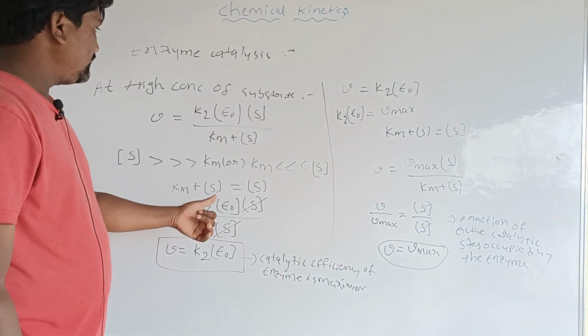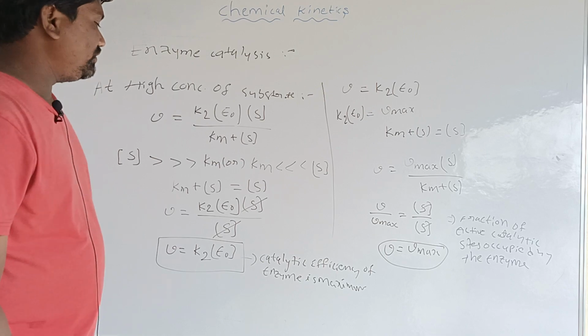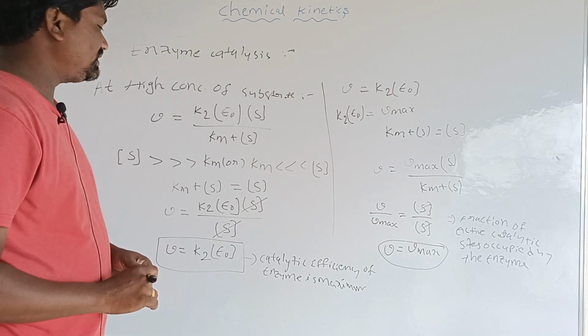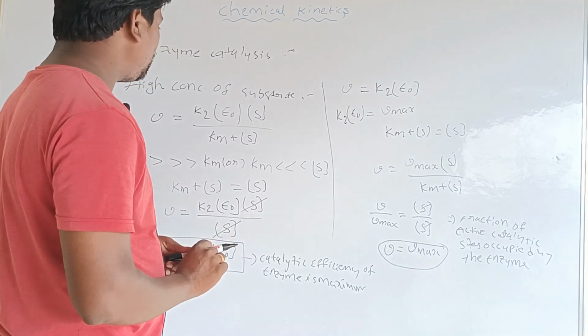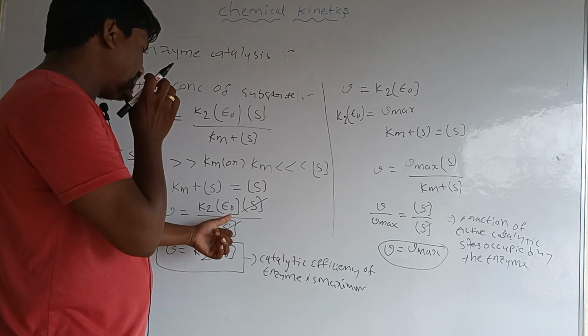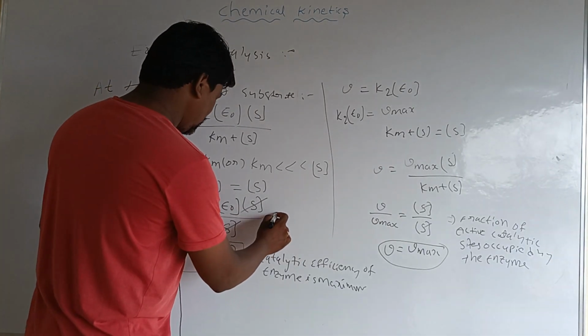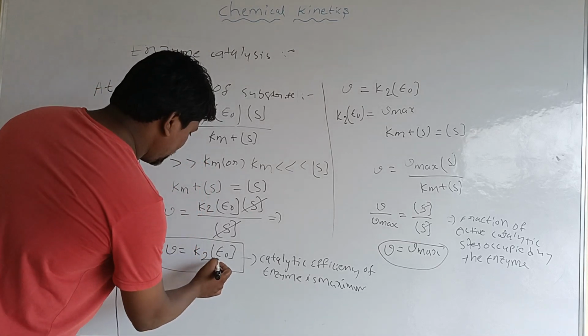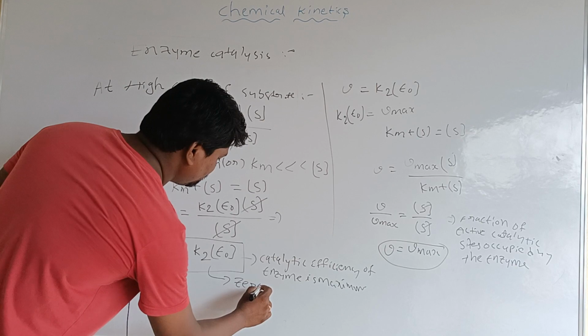And here, what is the order of the reaction at high concentration? It is a zero order reaction. Mu is equal to K2 into E naught, so it does not depend upon the substrate concentration.